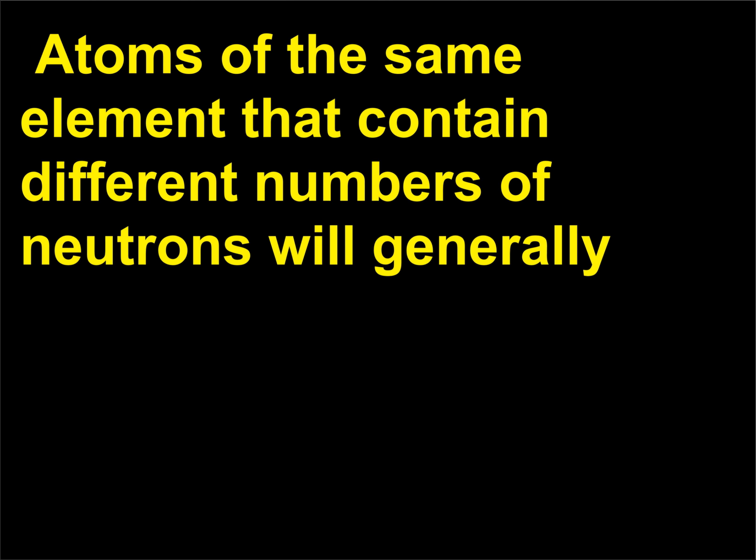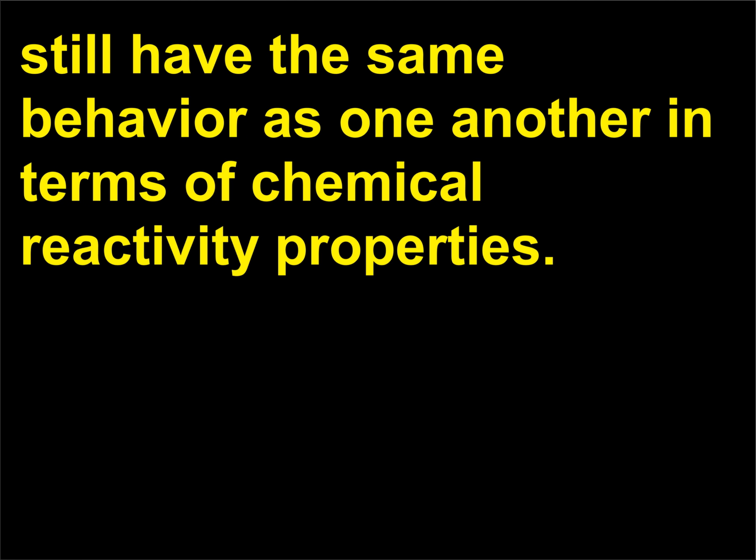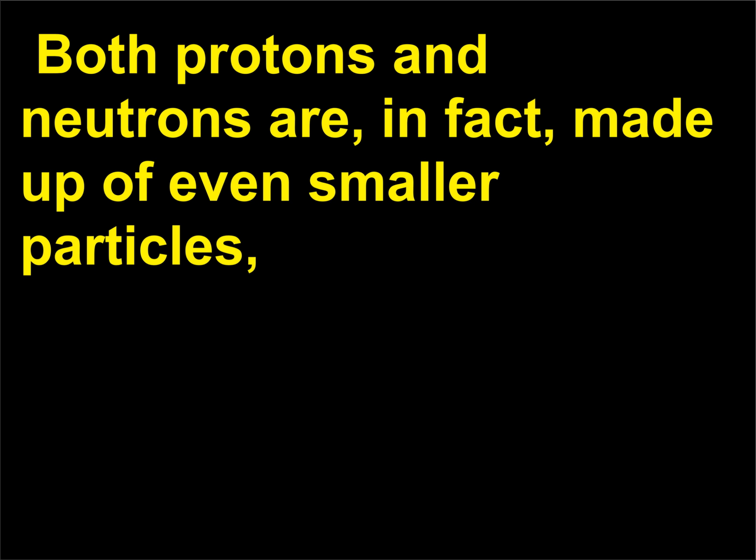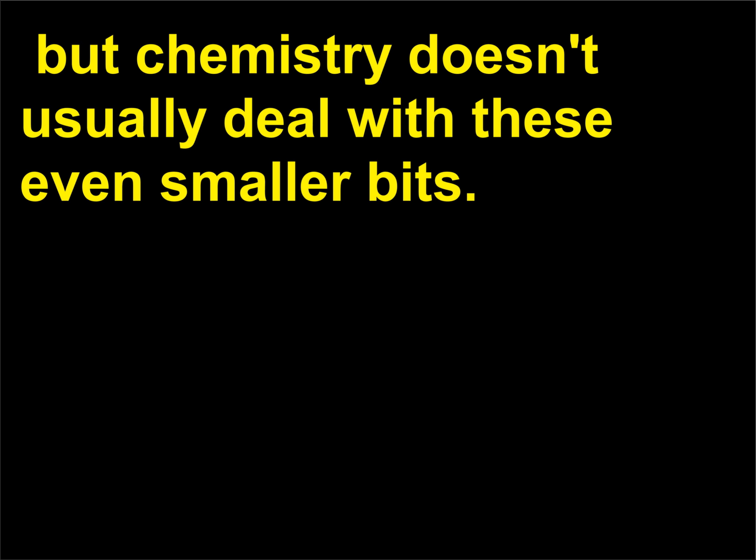Atoms of the same element that contain different numbers of neutrons will generally still have the same behavior as one another in terms of chemical reactivity properties. Both protons and neutrons are, in fact, made up of even smaller particles. But chemistry doesn't usually deal with these even smaller bits.